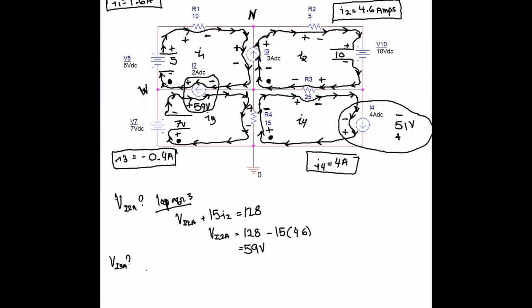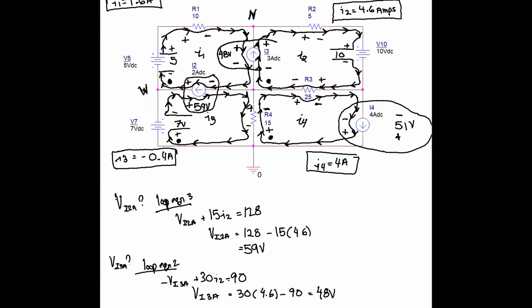And we can find the voltage drop across the 3-amp current source using the loop 2 equation and plugging in the value for I2, which gives 48 volts. So there's a 48-volt drop across this current source here.